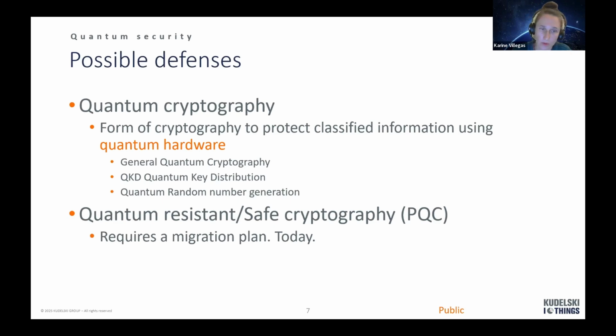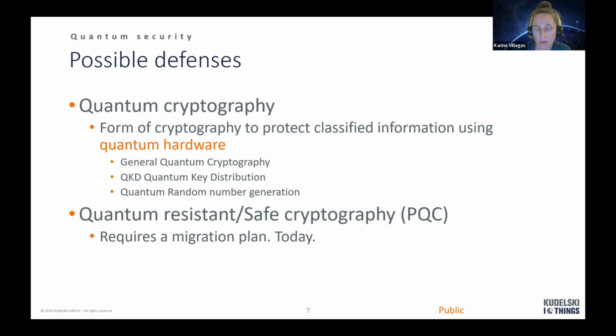You may have also heard about quantum random number generation. In fact, random number generation is key in cryptography to generate the keys, to generate the random values that we need in protocols, and quantum random number generators are based on quantum mechanics to produce randomness. But it is not with quantum random number generation that we are able to protect the data.